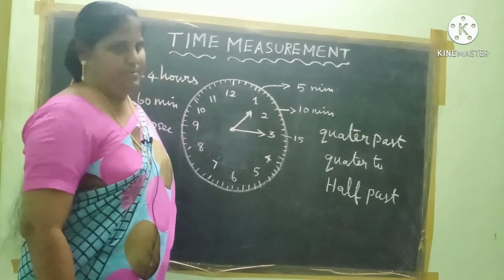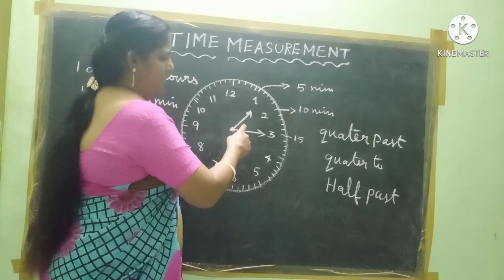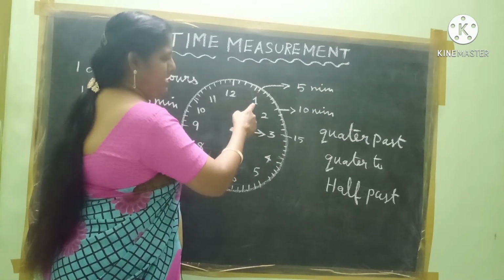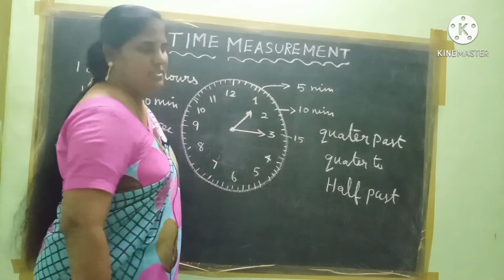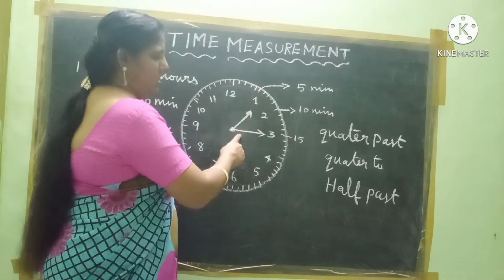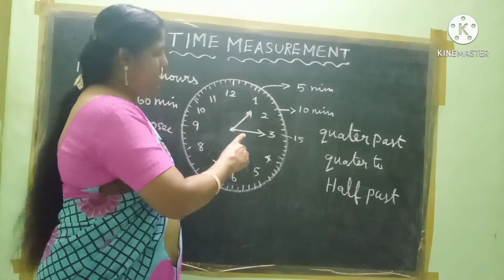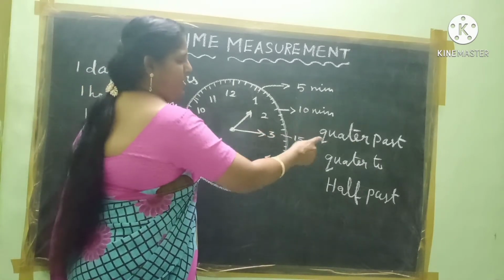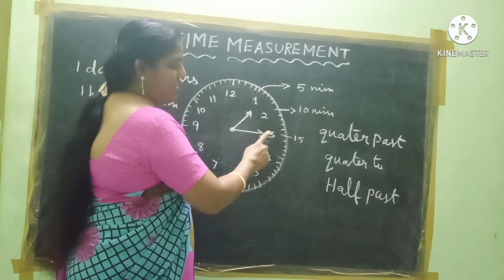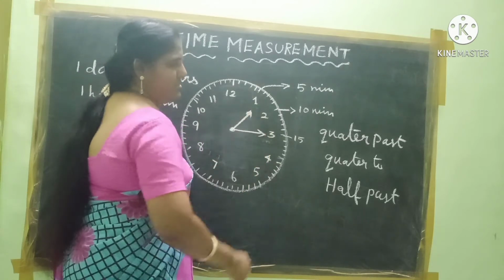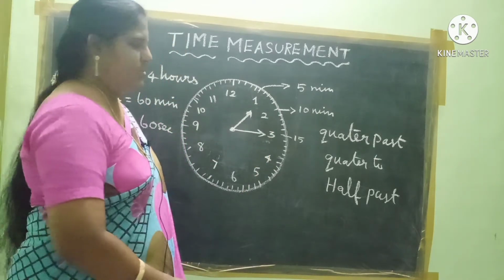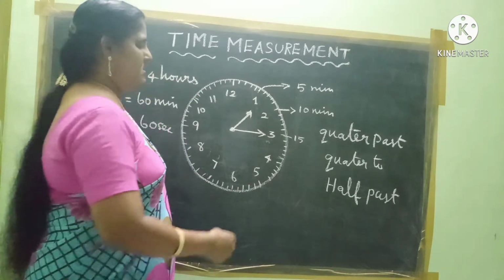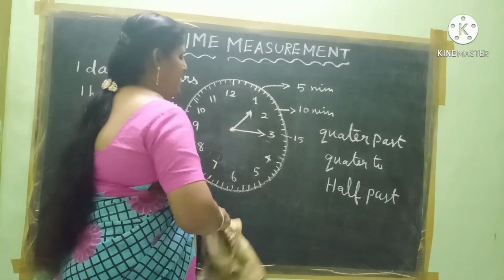Now the hour hand shows a little after 1 o'clock. So this time is read as quarter past 1. See, once again I will tell you, listen.